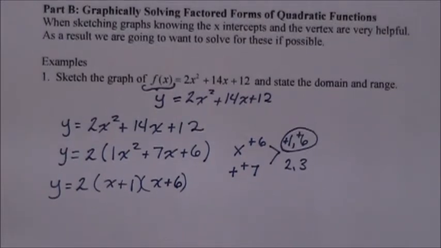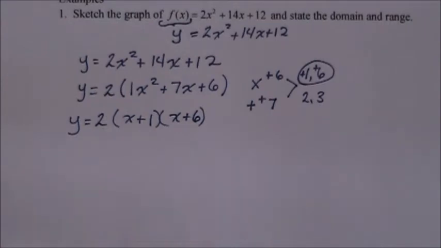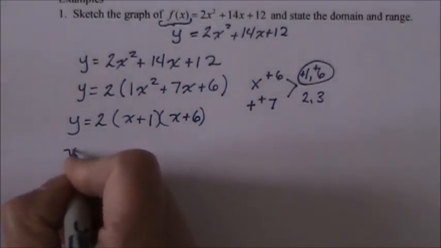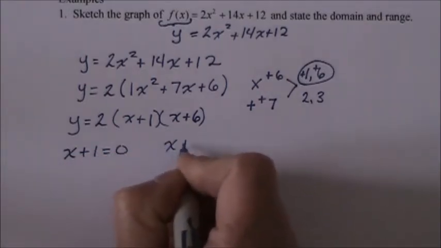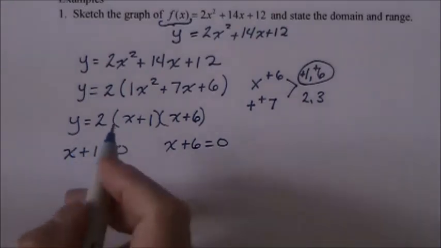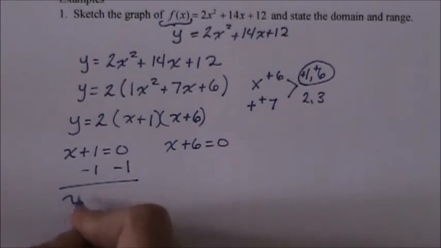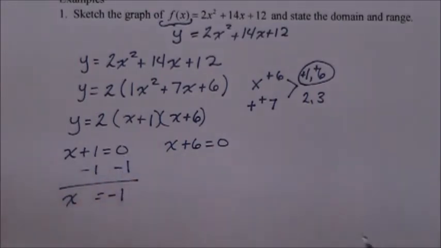From here, we can find our x-intercepts. Remember, that is when each bracket is equal to 0. What x value will cause that? So x plus 1 equals 0, and x plus 6 equals 0. Currently we're adding 1, so subtracting 1 from both sides, we have x equals 0 minus 1, which is negative 1.